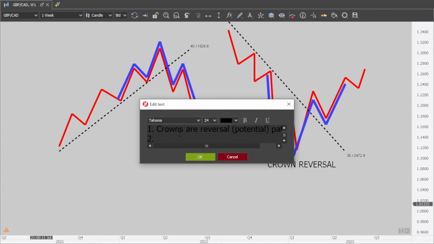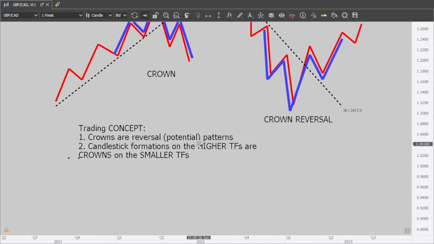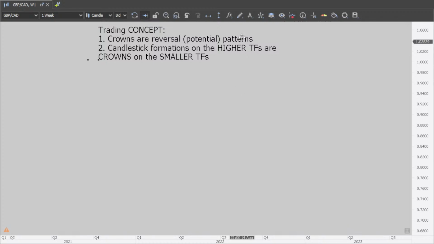Number two, candlestick formations. You're going to love this one, everybody. Candlestick formations on the higher time frames are crowns on the smaller time frames. Isn't this good information, everybody?